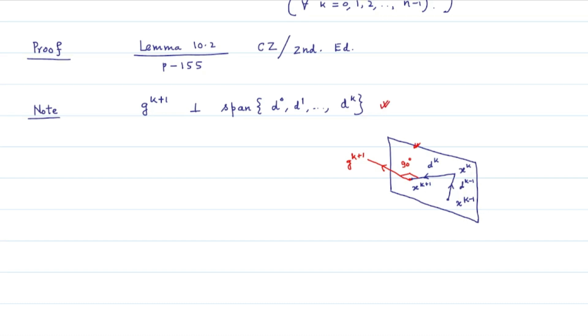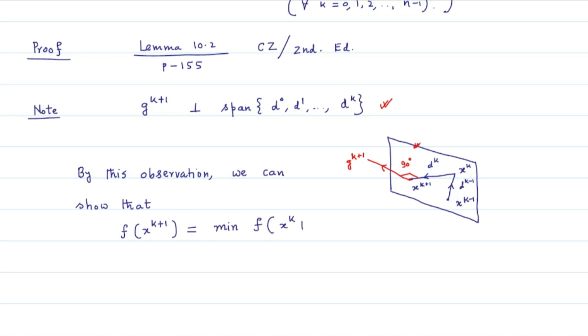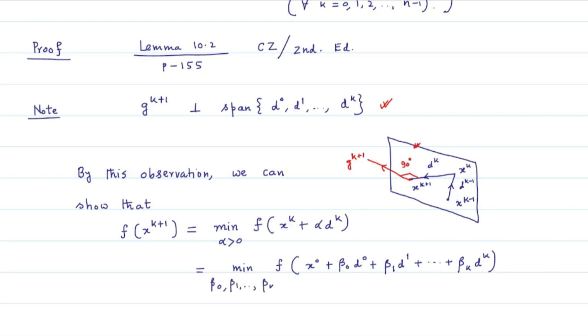And in fact, with the help of this observation, we can prove that the function value at xk+1, which is given by minimizing the function f along the direction dk, is actually the minimum value of the function f of the expression x0 plus beta0 d0 plus beta1 d1 till betak dk, where this minimization is taken over these scalars beta0, beta1, till betak belonging to the real number set.